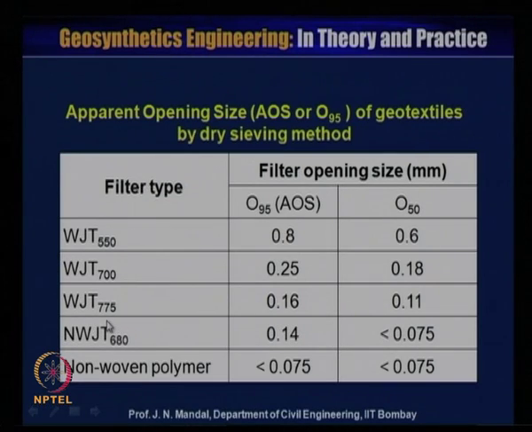Then WJT 775, O95 is 0.16 and O50 is 0.11. And then WJT 680, these are all gram. So, O95 is 0.14 millimeter and O50 less than 0.075 millimeter. Whereas, for non-woven polymer, O95 is less than 0.075 millimeter and O50 is also 0.075 millimeter.